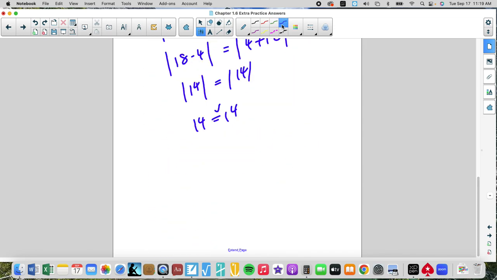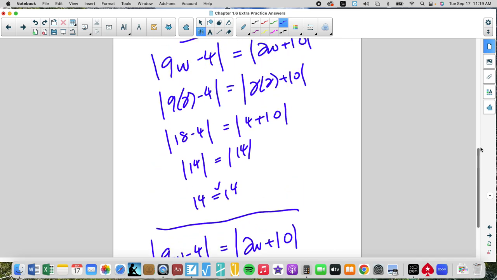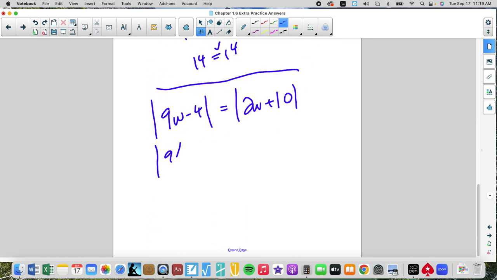Negative 6/11. I think that was the starting problem. So 9 times negative 6/11 minus 4, and 2 times negative 6/11 plus 10.